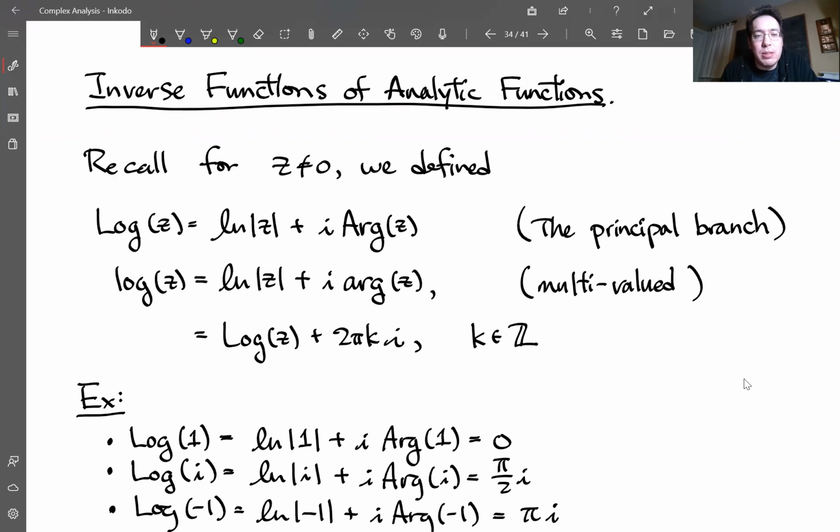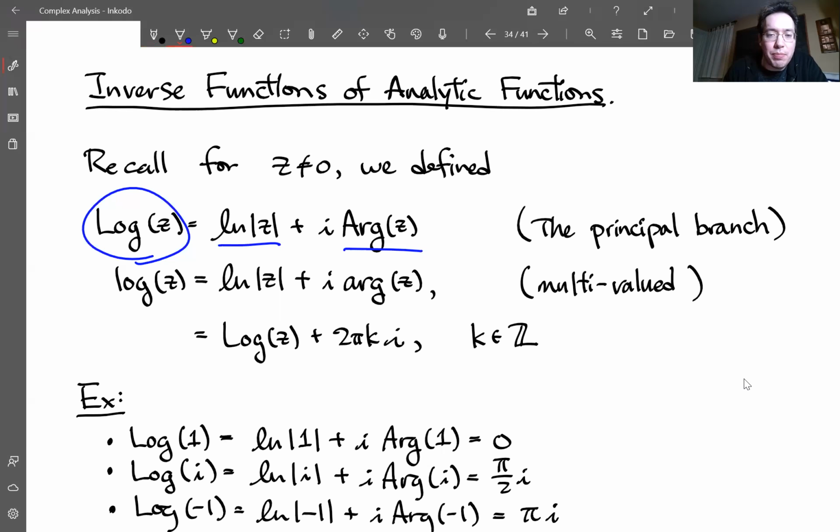Recall that as long as we have non-zero z, we can define our capital L Log as the natural log of the modulus of z plus i times the argument function of z.